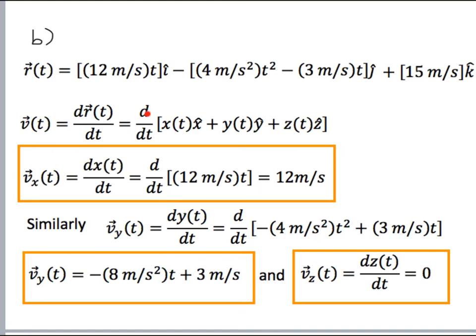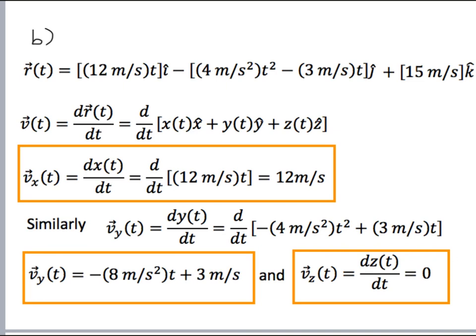And so the derivative of the x term is going to be the x component of the velocity, and so we call that vx of t, and that's the derivative with respect to time of the x position. And the x part of this, the part that goes with the I hat, that's just 12 meters per second times t. And so when you differentiate 12 meters per second times t, you're just left with 12 meters per second. The t goes away.